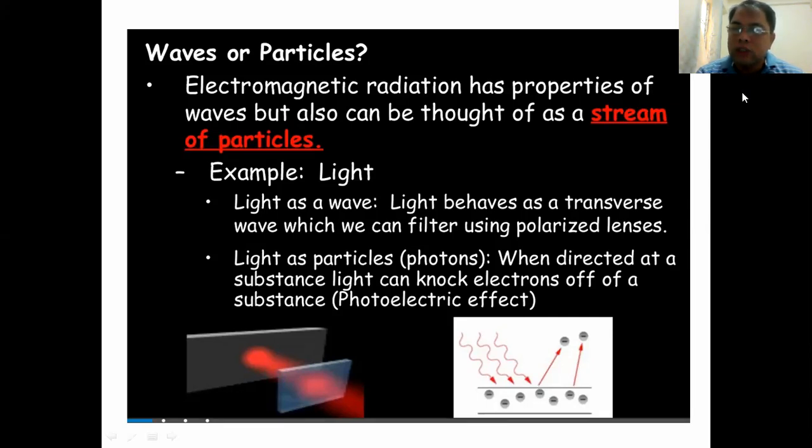So these photons can perform what we call the photoelectric effect. Again, beaming light at some electrons will probably change the course of these electrons. And that is only possible when light is also some sort of a particle.